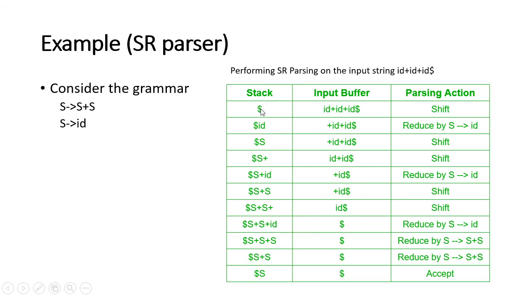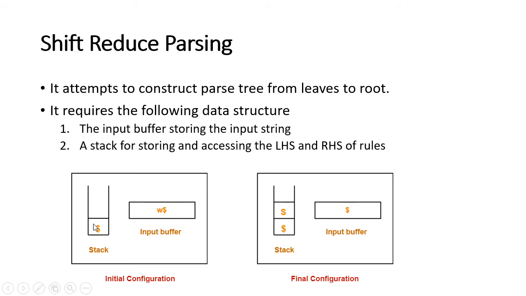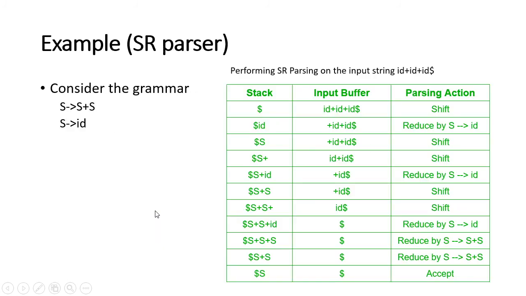First of all, in the stack there is a dollar, as I told you in the initial configuration, and the input is ID plus ID plus ID with a dollar at the end. First, ID is shifted into the stack, that is why it's called a shift. Then ID matches S, so ID has been changed to S, so it is a reduce. Again you take plus and bring it here, that is a shift action.